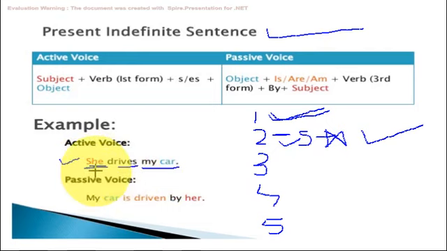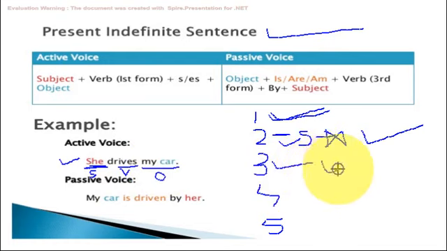She is the subject, drives is our verb, and my car is the object. Right? Now here we have to interchange the words. Interchange of words means, understand, subject becomes object and object becomes subject while transforming the sentence of active voice into passive voice.